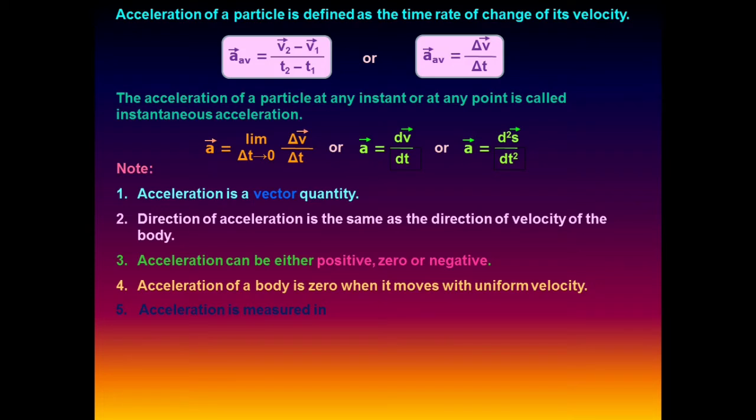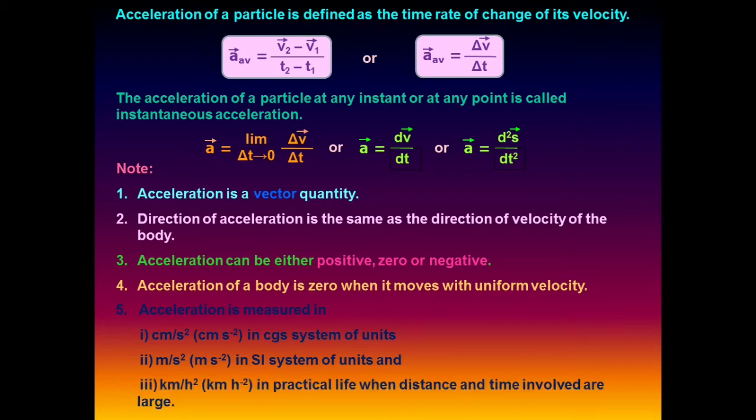The acceleration of a body is 0 when it moves with uniform velocity. Acceleration is measured in the CGS system in centimeter per second square. In the SI system we say meter per second square. For practical uses we use kilometer per hour square.